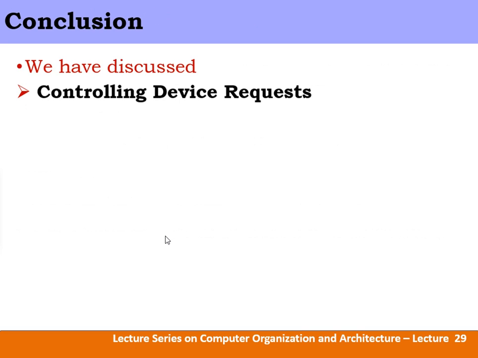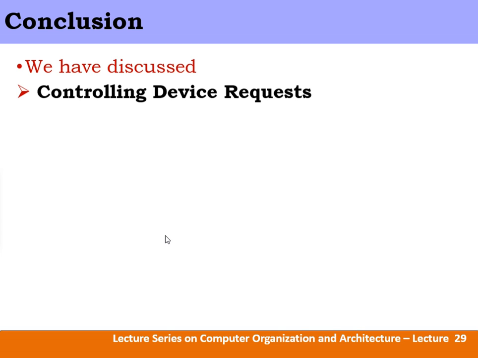So the conclusion is we have discussed controlling device requests. We will be concentrating on two things. One is the devices that are relevant to the program. Only those devices that are relevant to the currently running program can generate an interrupt request. Other idle IO devices do not need to generate an interrupt request.